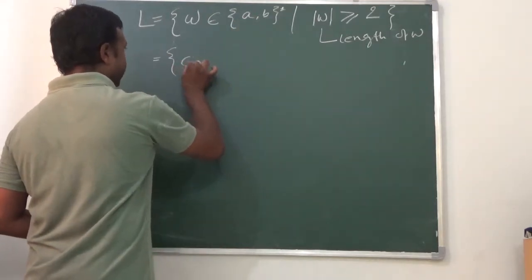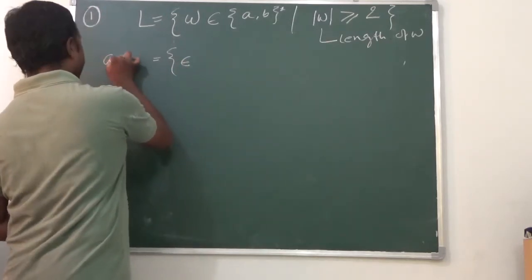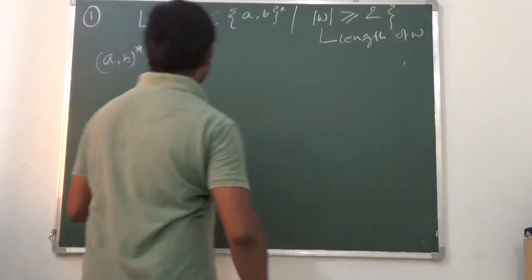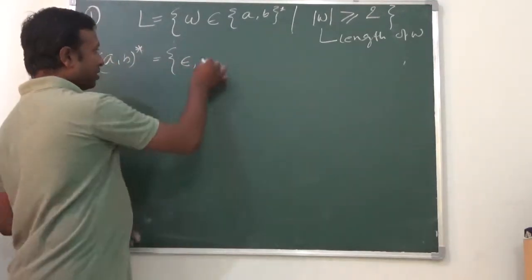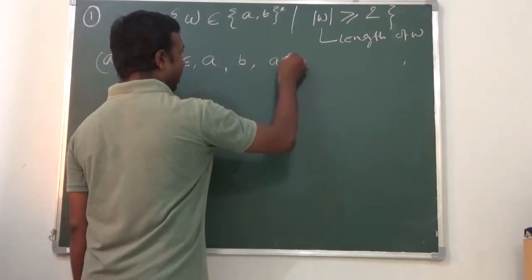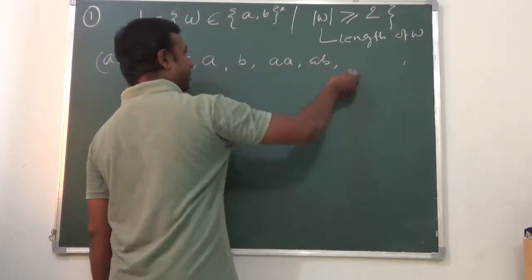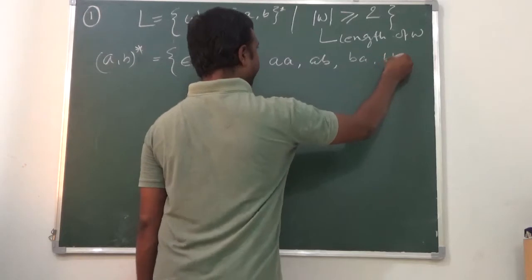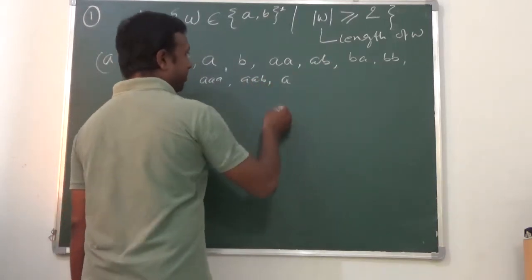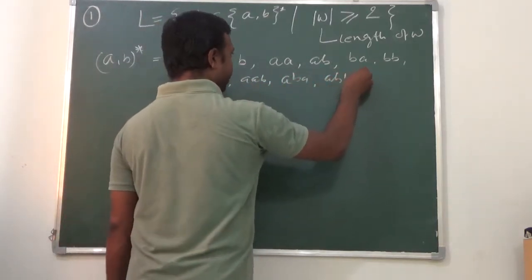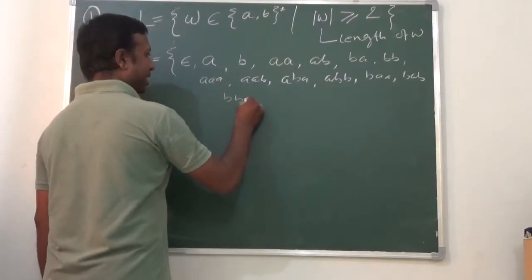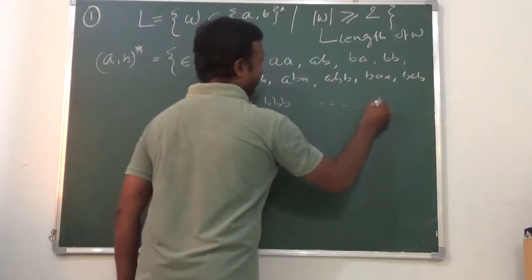So what is {A, B}star? It is epsilon, which is zero length, then A, B, then AA, AB, BA, BB, then AAA, AAB, ABA, ABB, BAA, BAB, BBA, BBB, and keep on going.